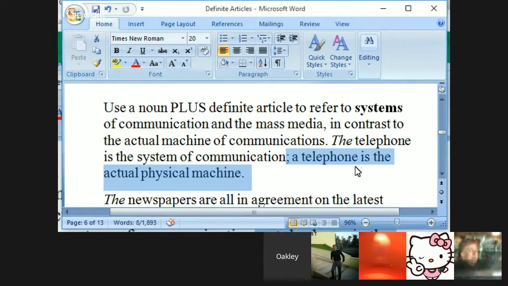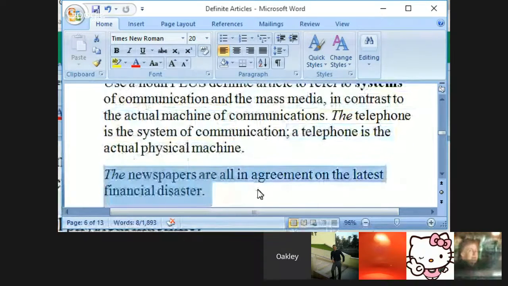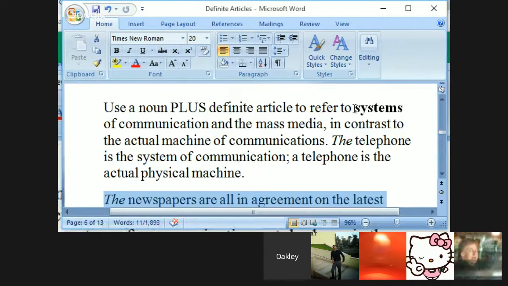So when we're talking about a whole system, the newspapers are all in agreement on the latest financial disaster, for example. Can you guys give me another example? What's another system of mass media or communication? Heidi? The telephone or the newspapers.